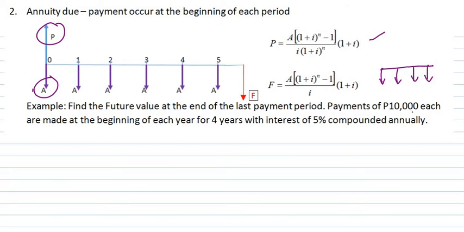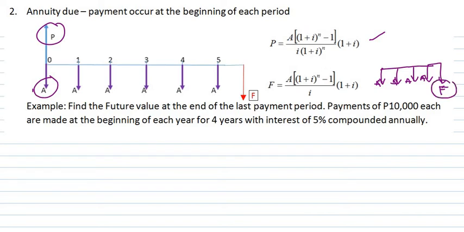This is our cash flow diagram. We are going to find our F. This is our A, and our F will be here.